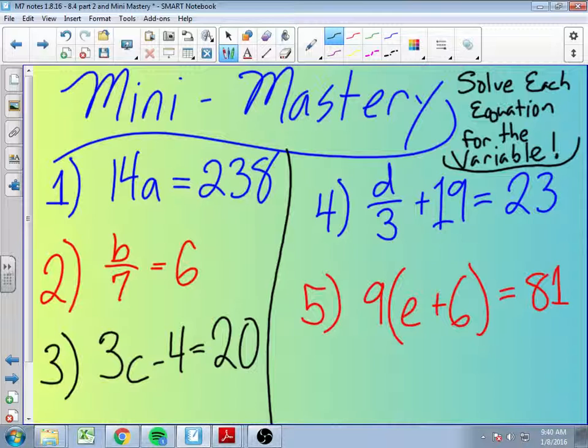Just like here, this was multiplication, so you should have divided. Yeah, practice that. Looking at your notes only does so much. You've got to try it out, so make sure you write down everything you do.